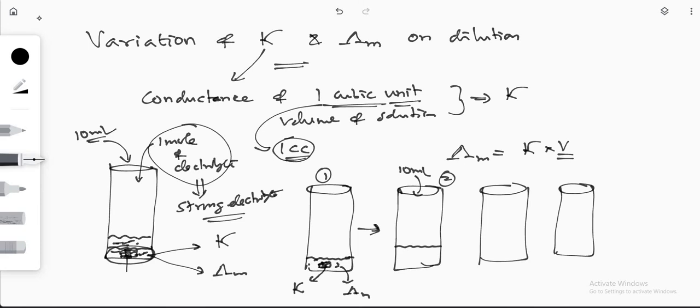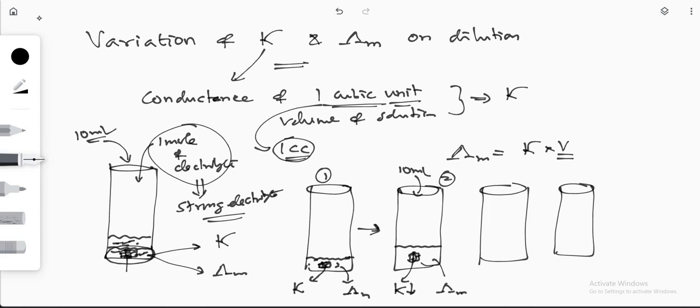Now the number of ions per unit volume, per cc volume, will decrease. Therefore, kappa value decreases. Why does kappa value decrease? Because kappa is nothing but conductance per unit volume. As the number of ions per unit volume decreases, kappa decreases.